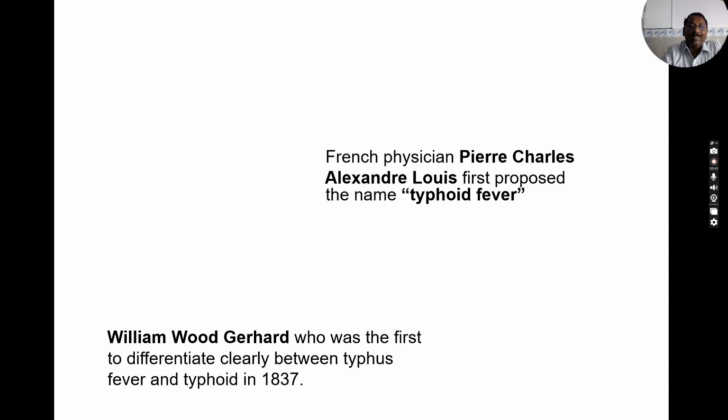And William Wood Gerhard was the first to differentiate clearly between typhus and typhoid in 1837. Earlier they thought that it was very close to typhus, and they gave this word typhoid fever, like rheumatic and rheumatoid. But later you all know that typhus is totally different from typhoid fever.